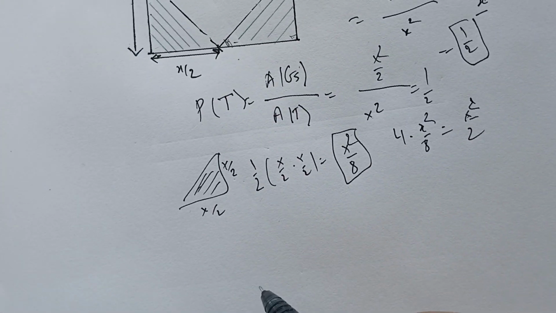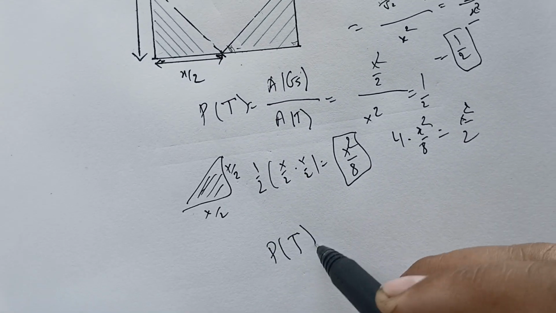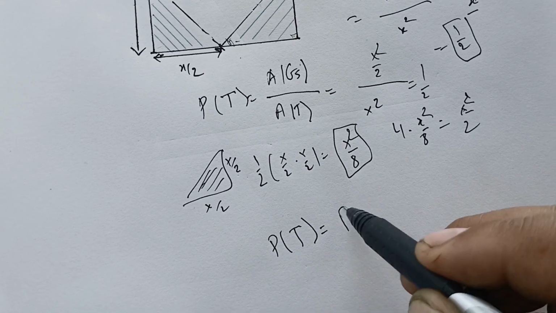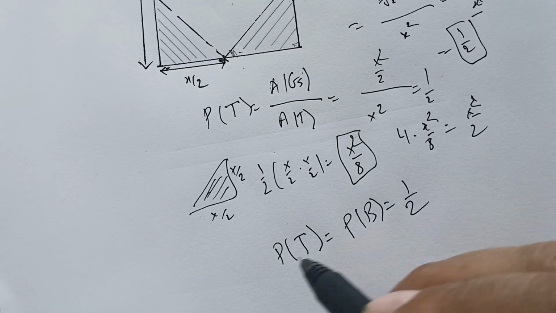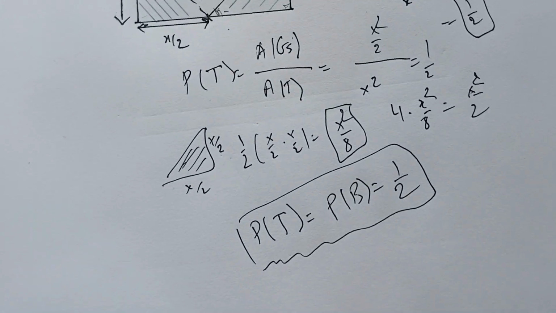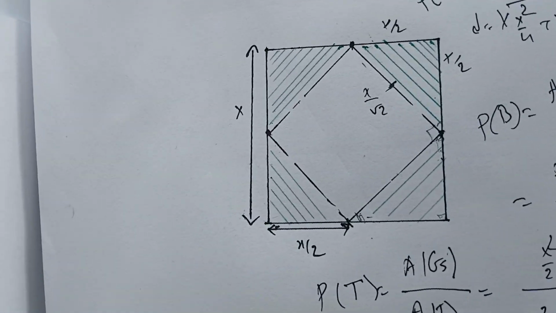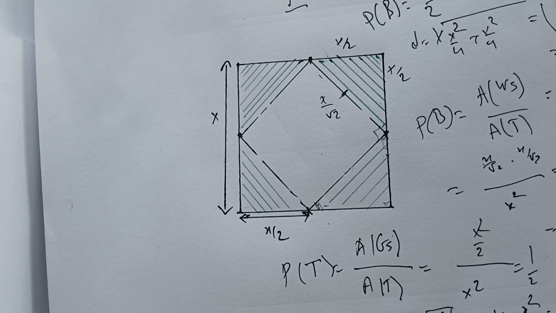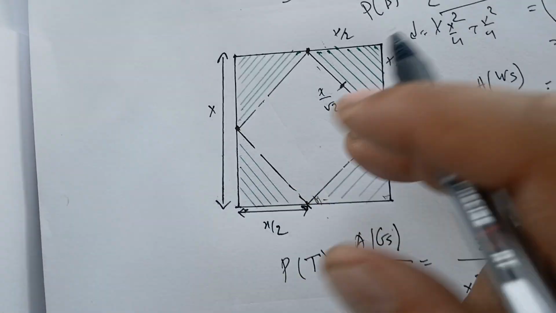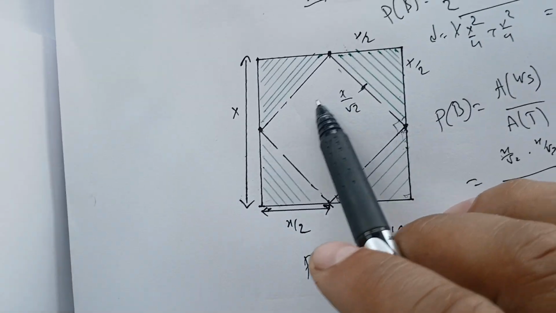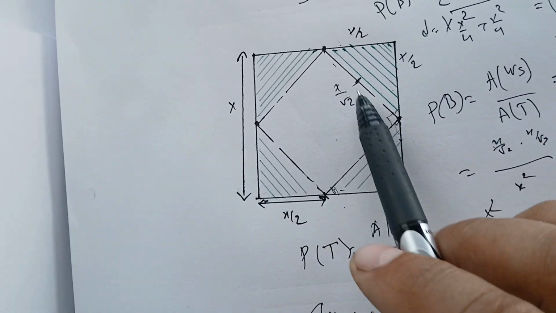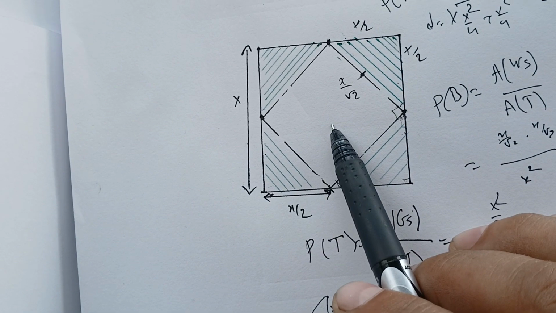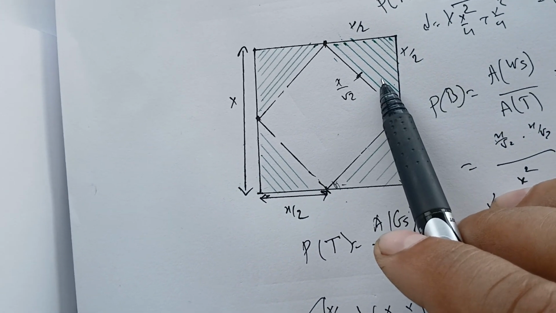So we see that in this model, the probability of Trump winning is the same as the probability of Biden winning. It's 1/2. Or it's fair. So this model is fair. Some people might argue that choosing this white one is more favorable to Biden winning than Trump.